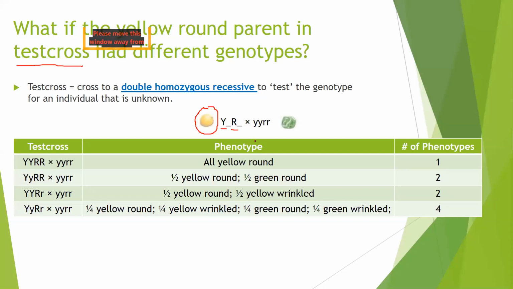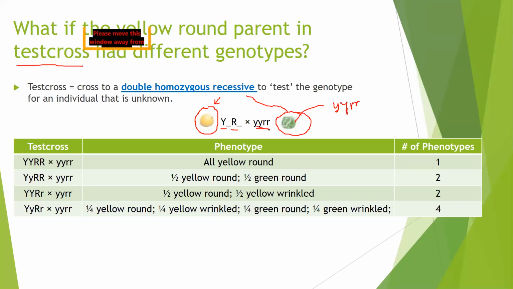But for the other one, you do not know. So how do we definitively identify the genetic makeup for this pea plant? We do the test cross using the double homozygous recessive. So this one is little y, little r.